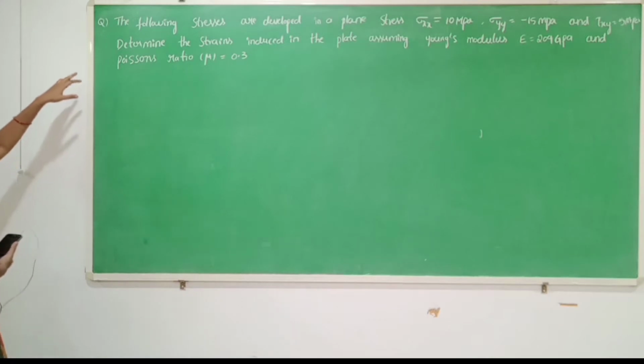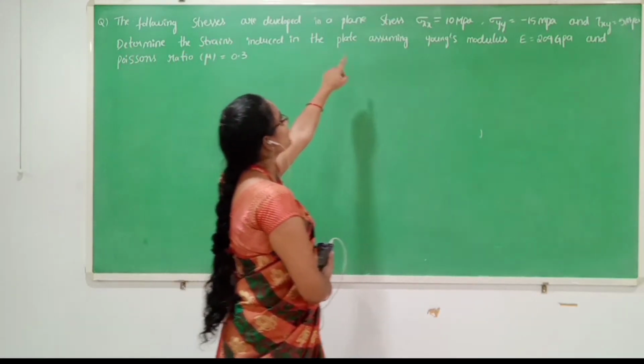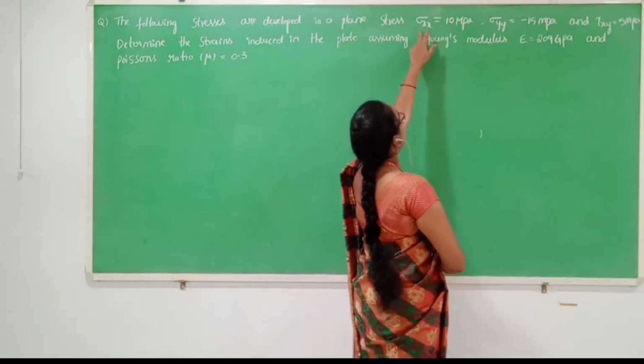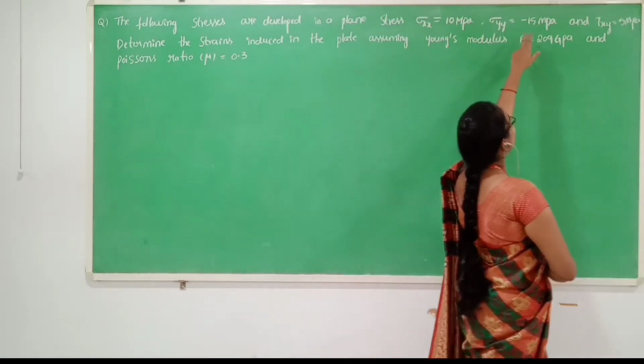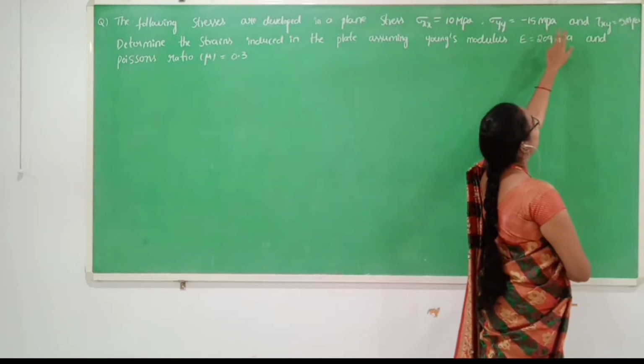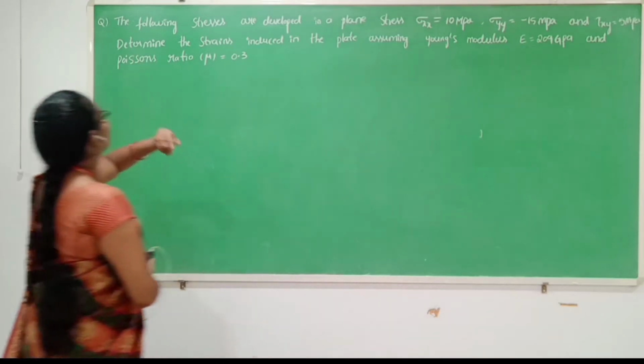Coming to our question, the following stresses are developed in a plane stress: sigma xx is 10 megapascal, sigma yy is minus 15 megapascal, and tau xy is equal to 5 megapascal.